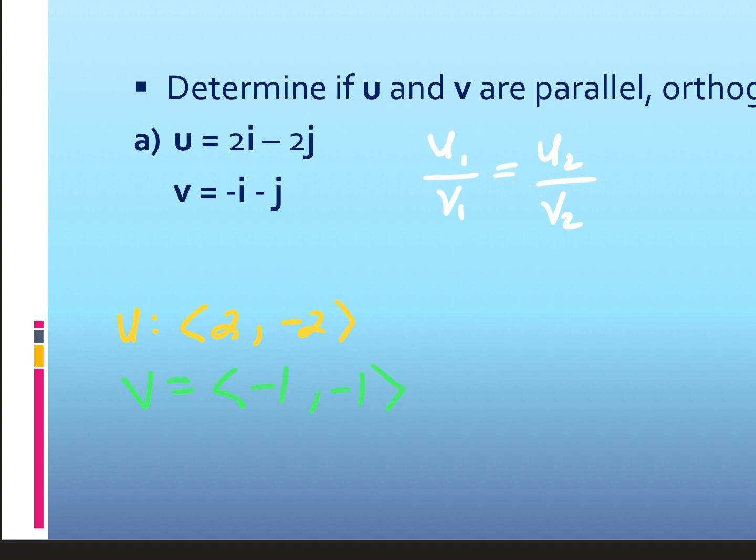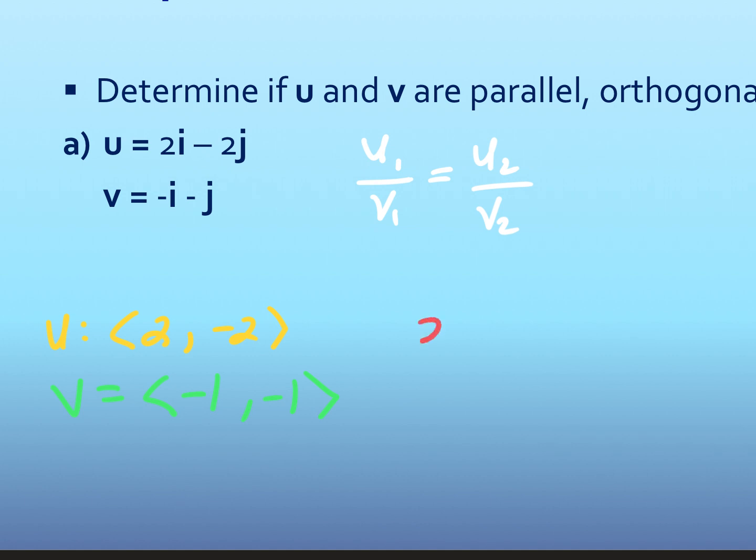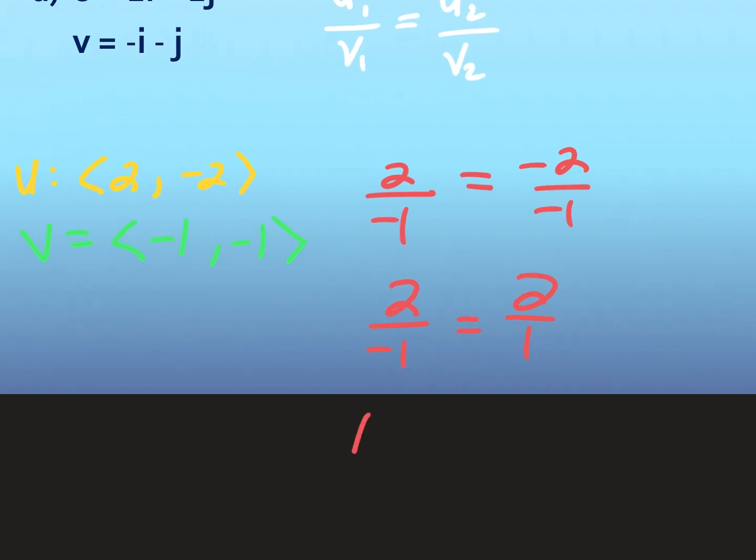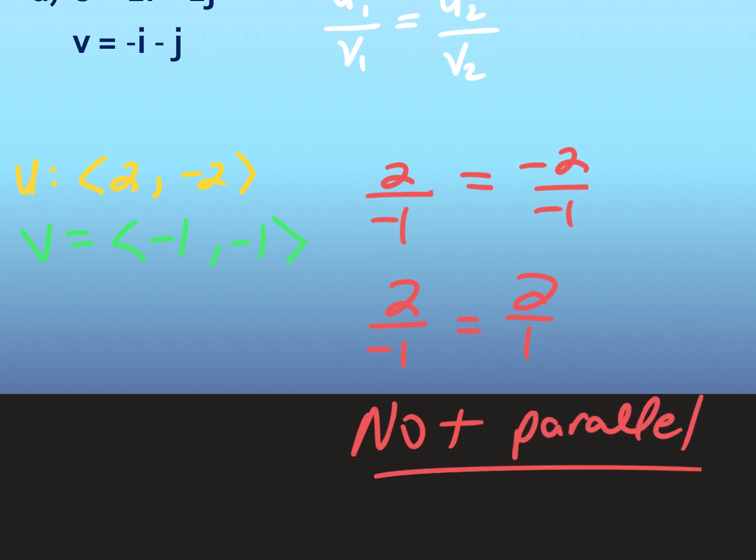So first over first: 2 over -1, equals -2 over -1. Simplify. This is 2 over -1 equals what? 2 over 1. Are those two exactly the same? No. So are these parallel? No. You would say not parallel.